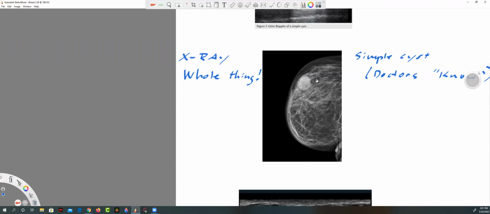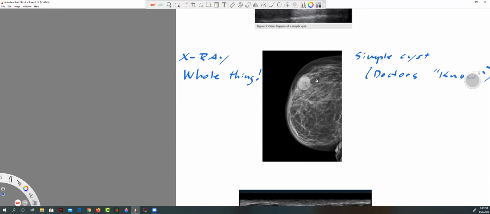So when we're looking at this, the breast was squeezed medial lateral. We don't know if this cyst is medial or lateral.